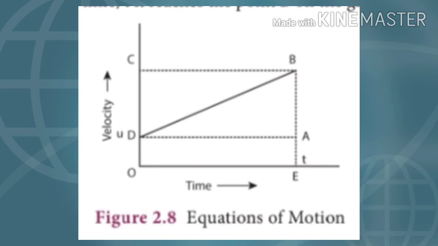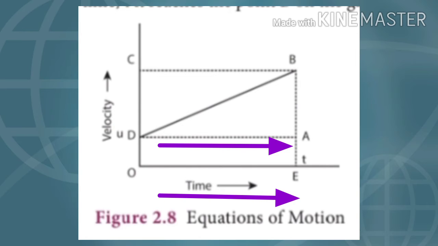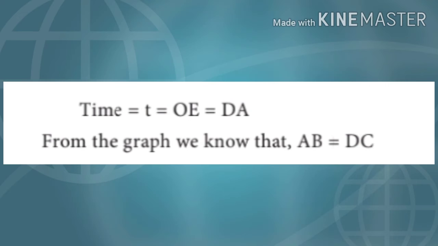The initial velocity of the object u equal to OD equal to EA. The final velocity of the object v equal to OC equal to EB. Time t equal to OE equal to DA. From the graph we know that AB equal to DC.